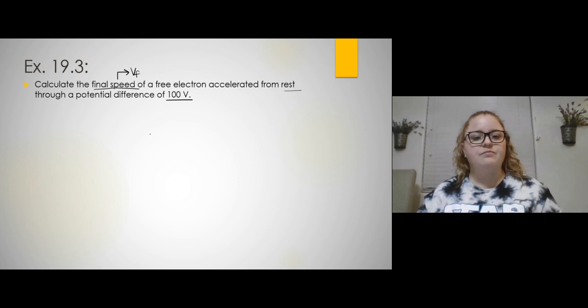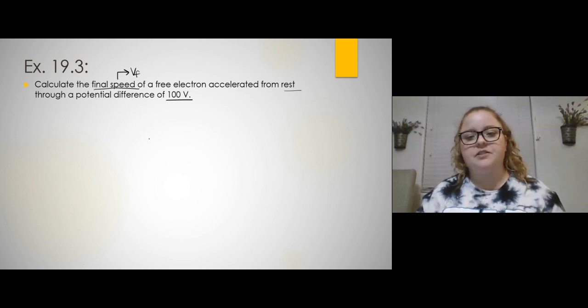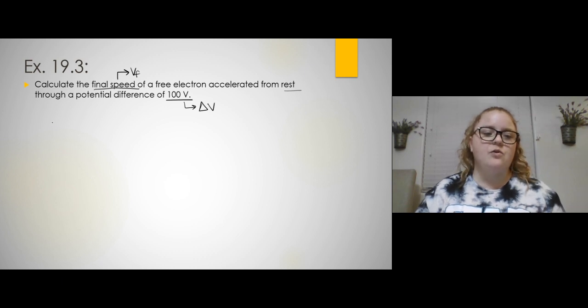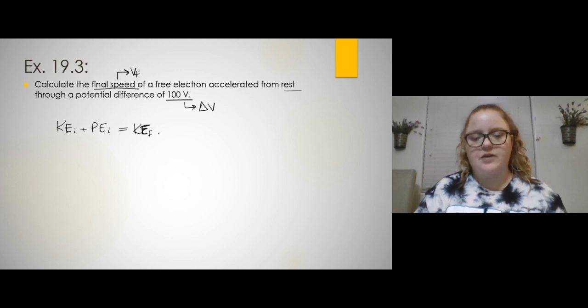It's going to be very similar. So we have our final velocity and we have our potential difference here. As I stated, we have KE initial plus potential energy initial equal to kinetic energy final plus potential energy final.